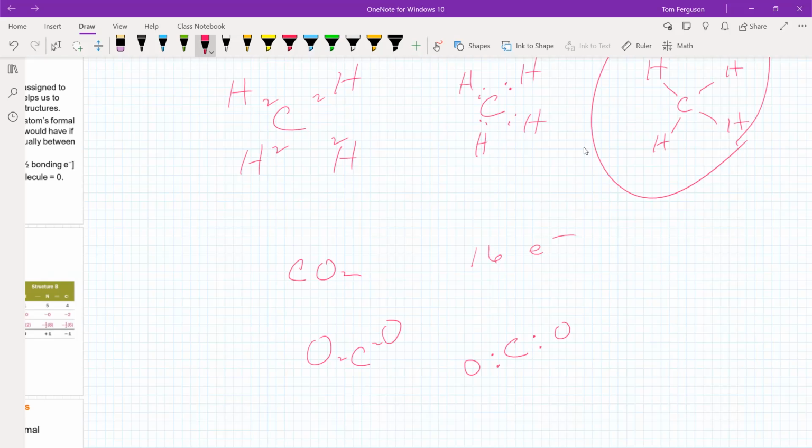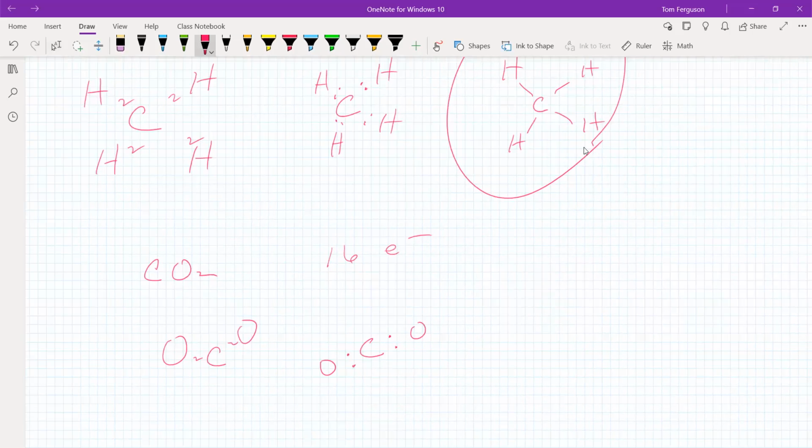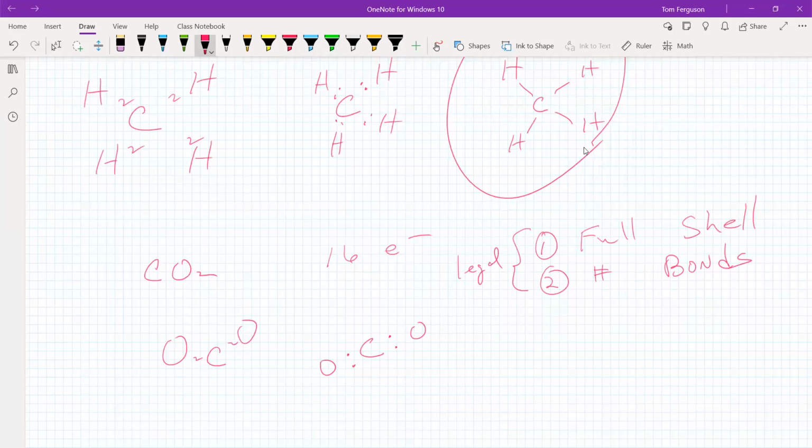Now, when you're putting electrons around these atoms, we have 2 guiding principles. To make a legal Lewis structure, you've got to abide by both 1 and 2, in no particular order. We have to have a full shell per atom when we're all done. We have to have the correct number of bonds between the 2 atoms.